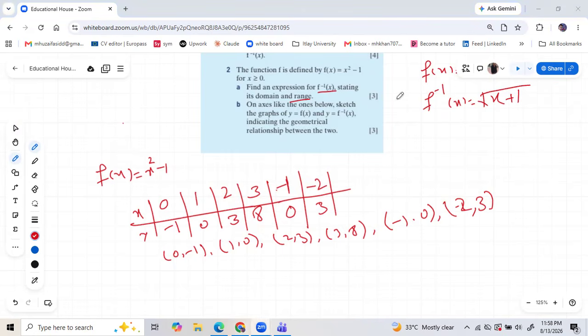Is there any confusion regarding this part? No, sir, no confusion. Okay, so I'm skipping some points for your homework.